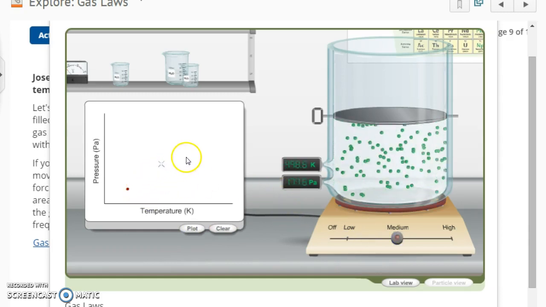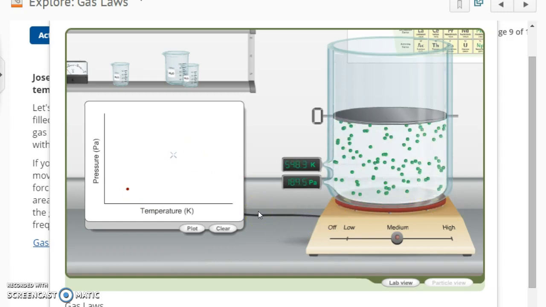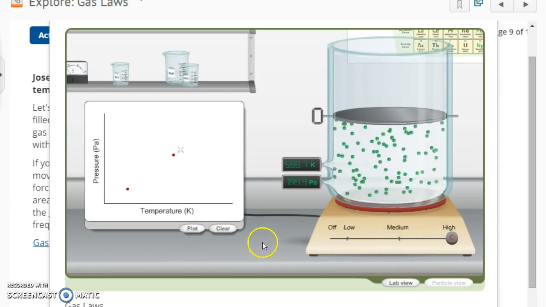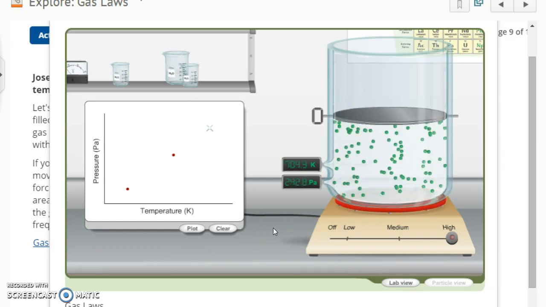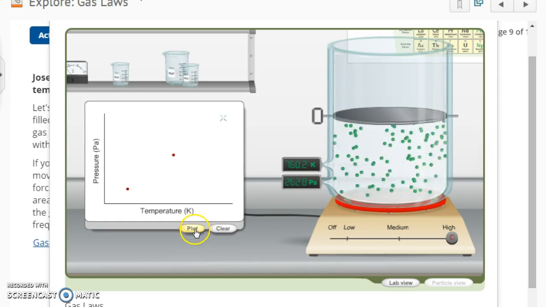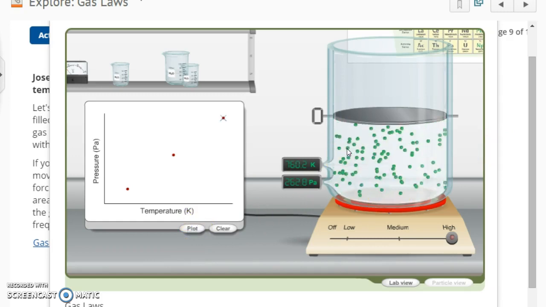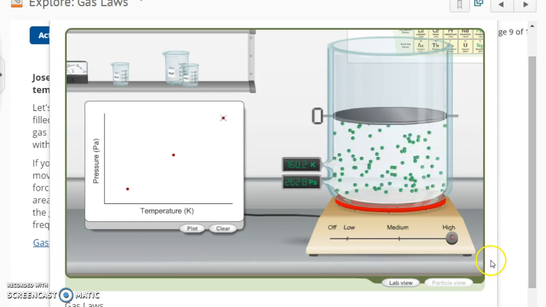It increases as well, right? They are going faster. They're hitting more often and harder. Therefore, the pressure is also increasing. So as temperature goes up, so does the pressure. They're moving faster, hitting at a faster rate, so they're going to be hitting with more force and therefore more pressure.